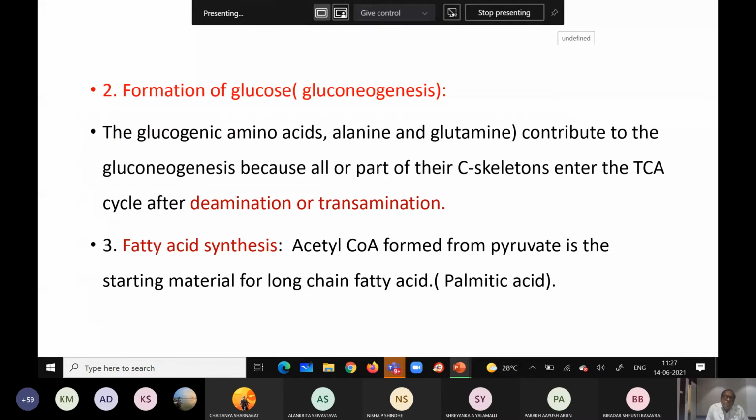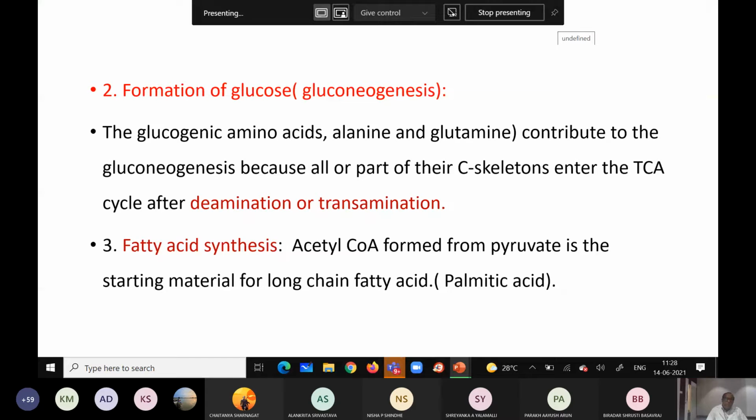Second is the formation of glucose, that is gluconeogenesis. When there is no availability of glucose, glucose will be formed from non-carbohydrate sources like alanine and glutamine. They contribute to this process called gluconeogenesis, where the carbon skeletons of these molecules enter into the TCA cycle after undergoing functions like deamination.